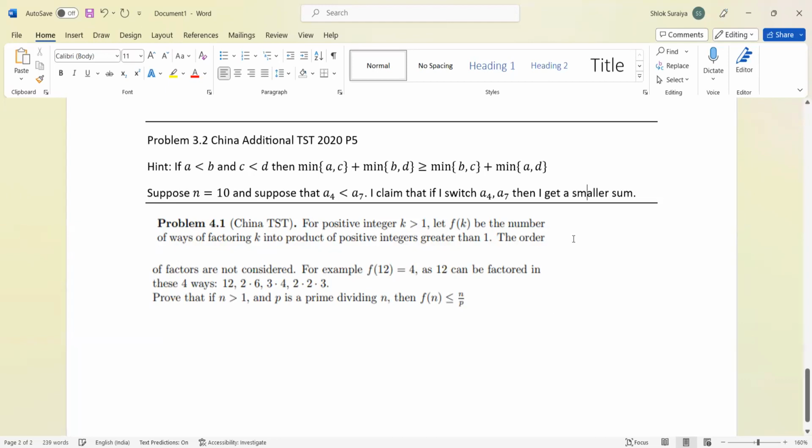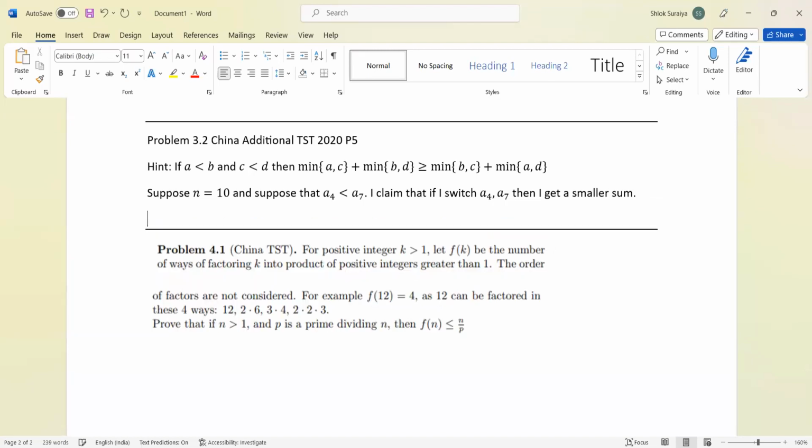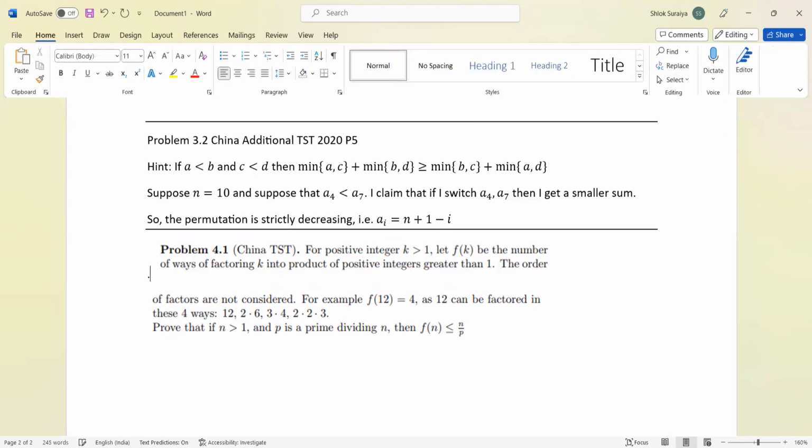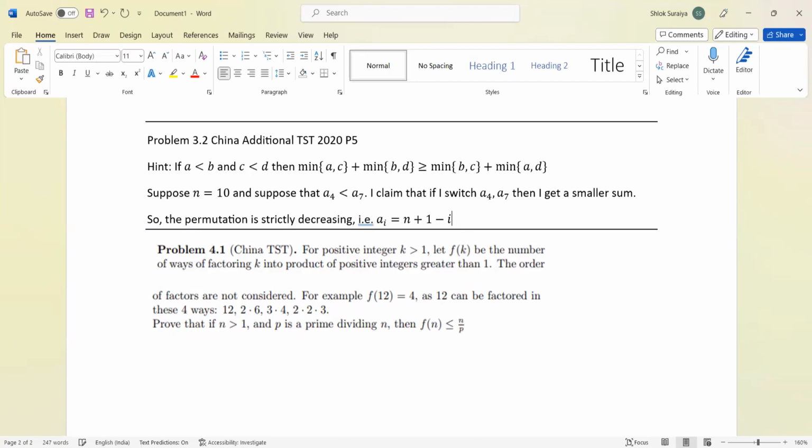It's again a China TST problem, and it involves a very basic theory, but still it's a very good problem to try. Has anyone seen this problem?